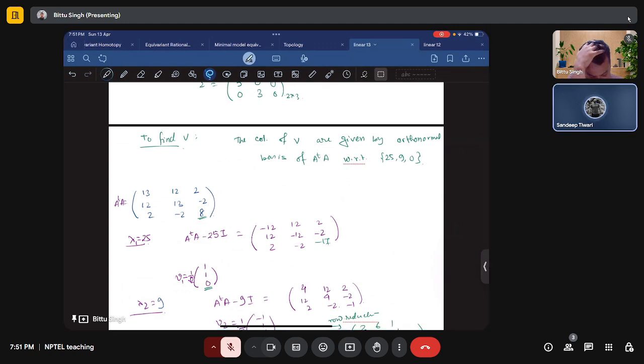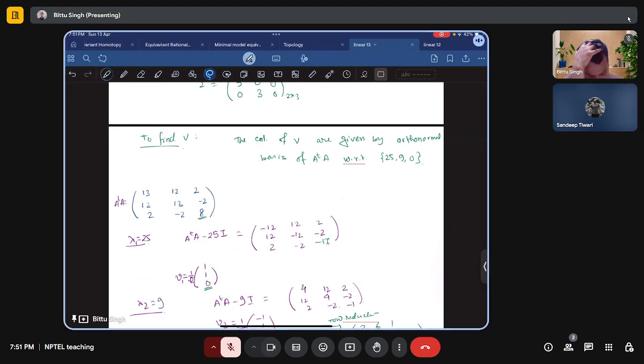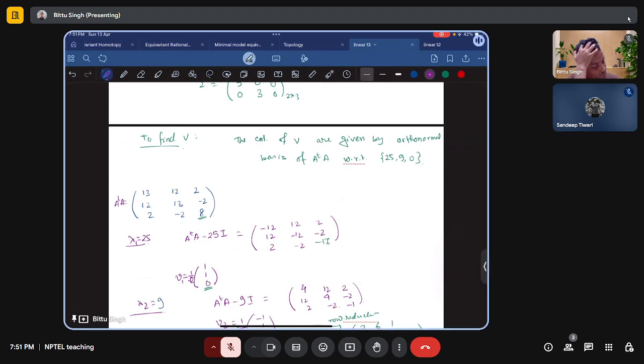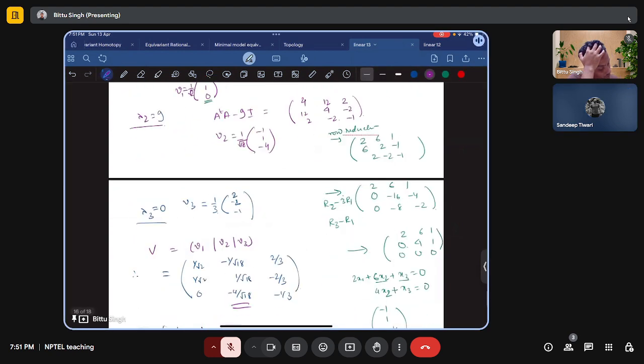You have only found V. Sir, in the computation process, we have to take the transpose of V. Yes, I have to take transpose of that.